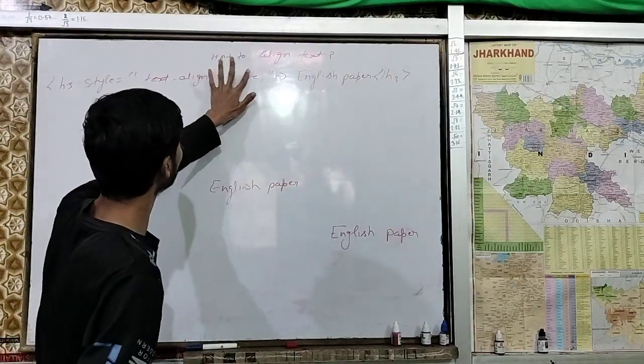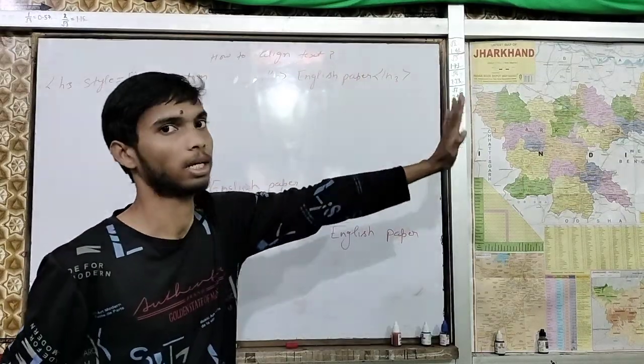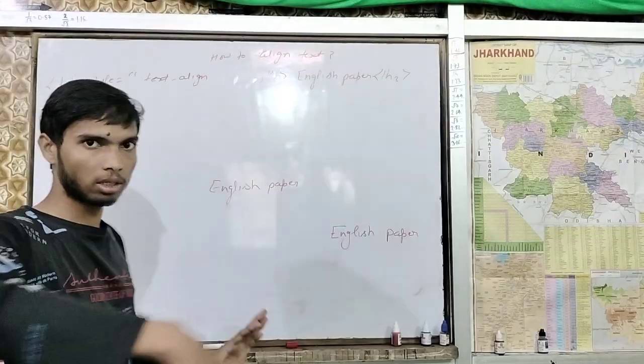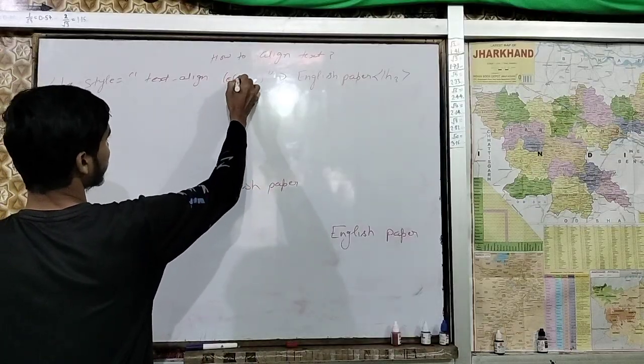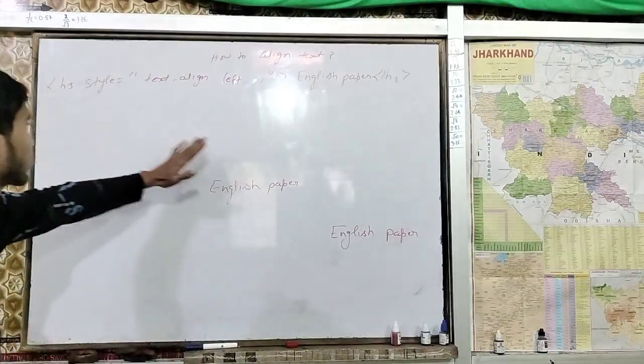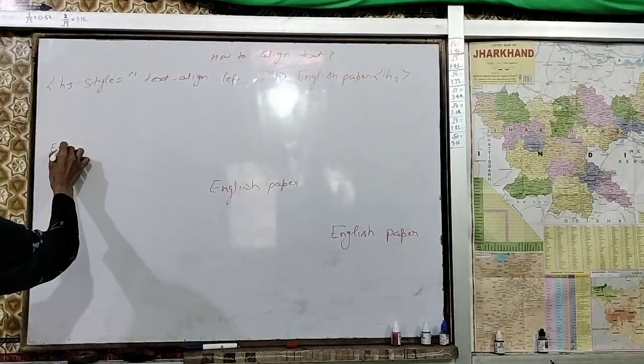If you change this center, and we want this text to be on the left side of our website, just write left. So now this English paper will come over here.